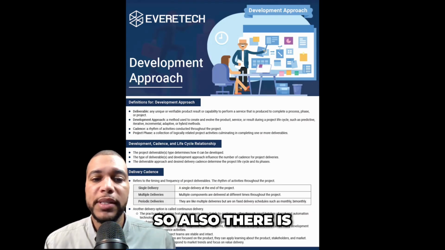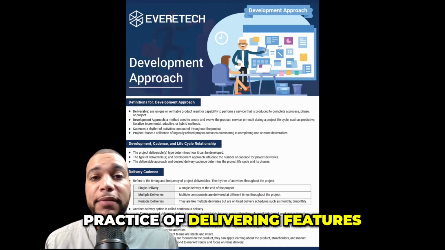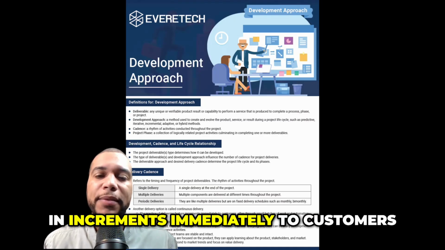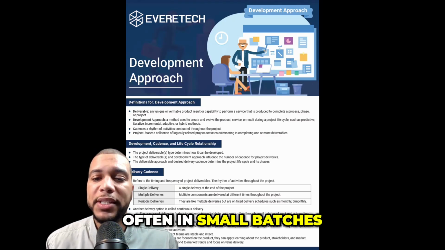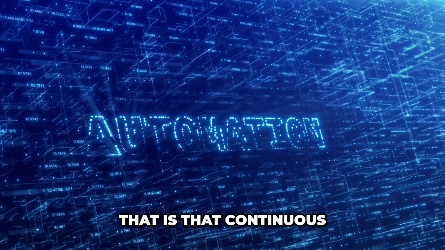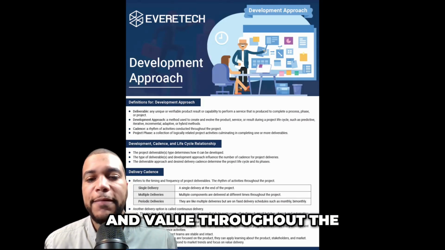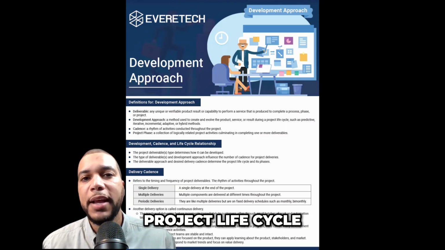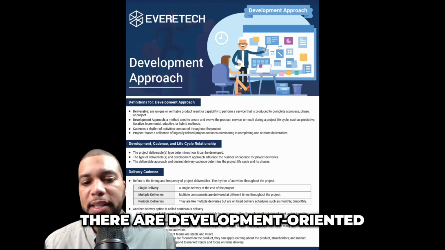There is another delivery option, which is continuous delivery, the practice of delivering features in increments immediately to customers, often in small batches of work and with automation technology. So that is continuous. The emphasis is on delivering benefits and value throughout the project life cycle. Similar to a project, there are development-oriented aspects.